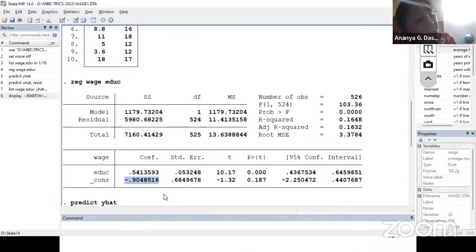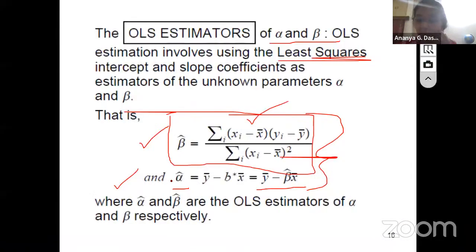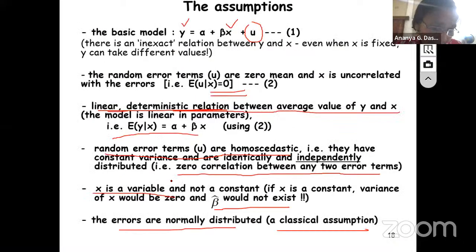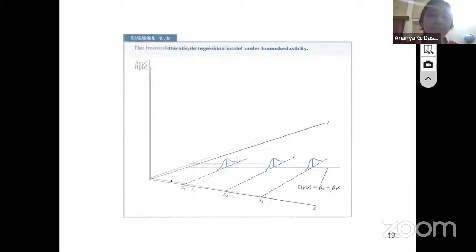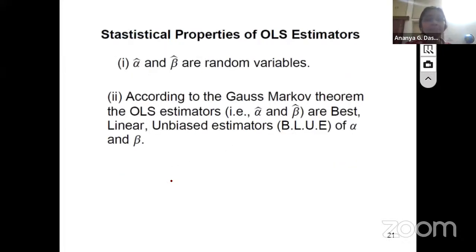So the formulae are random variables because they're functions of random variables, but for any exercise, the numbers that you get are just plain numbers. They're estimates. This is something that you have to remember, because these being estimators confer certain properties, and those properties are known as the Gauss-Markov theorem.